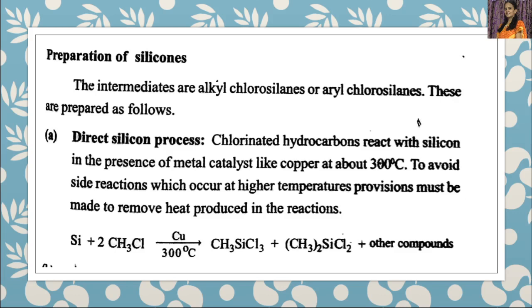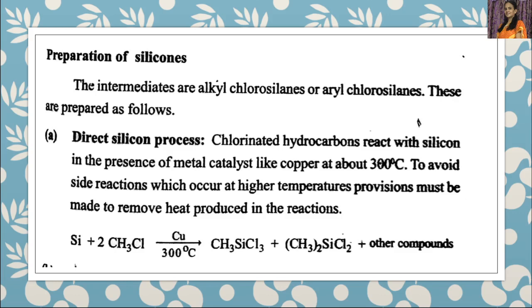Chlorinated hydrocarbons, that is chlorohydrocarbons, react with silicon in presence of a metal catalyst like copper at about 300 degrees centigrade. Let us see the reaction. This is silicon. This is chlorohydrocarbon, a specific example, methyl chloride, that we have considered. And this is the metal catalyst. Copper metal catalyst is used and heated to 300 degrees centigrade.